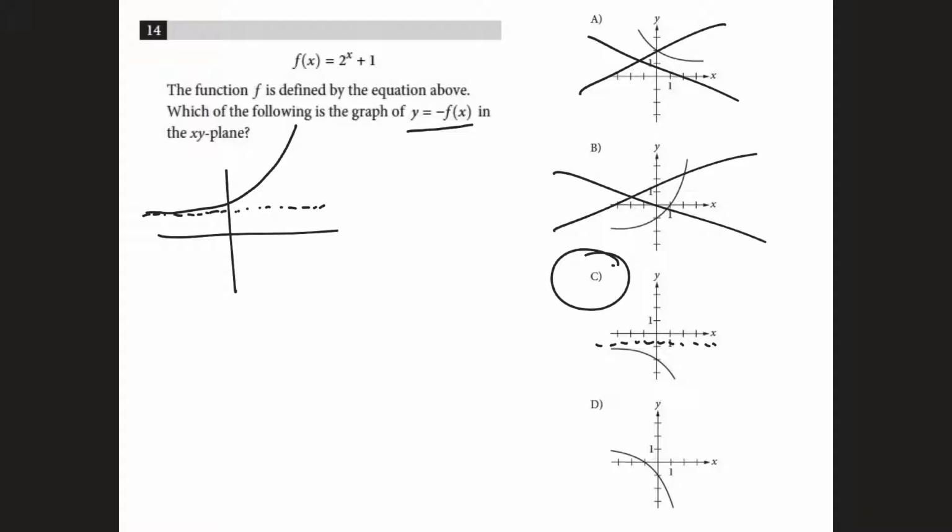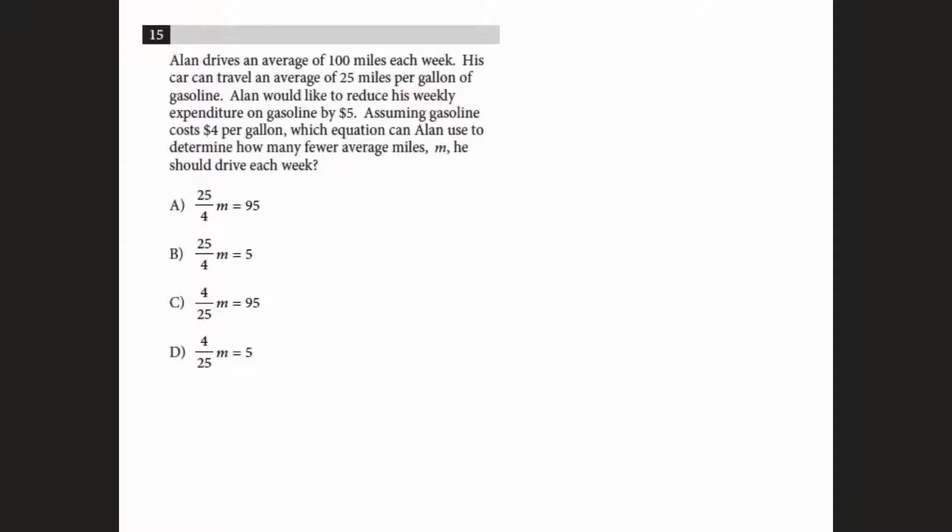D would be a reflection, but it's a reflection over the line y equals 1, which is not what we want. We want a reflection over the x-axis. C is our solution.